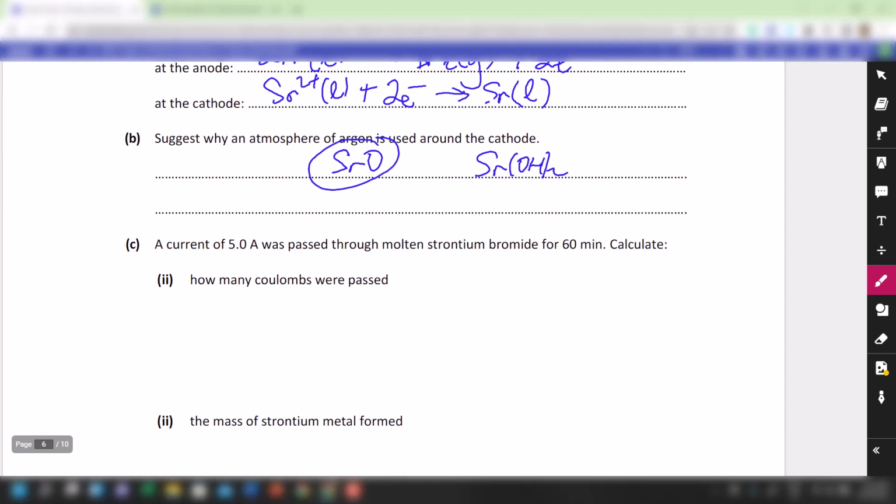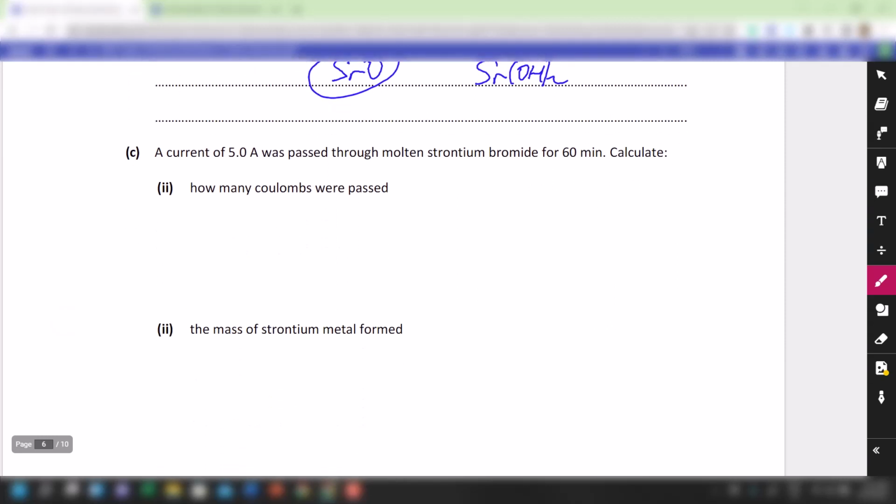Then for part C, we were told that a current of 5 ampere was passed through molten strontium bromide for 60 minutes. We are required to calculate the coulombs passed through. We can do that quite easily. If you recall the lectures on electrochemistry, the charge transferred, Q, is equal to the current multiplied by the time.